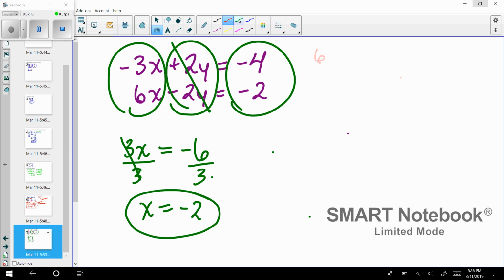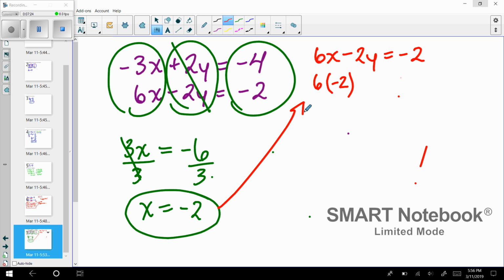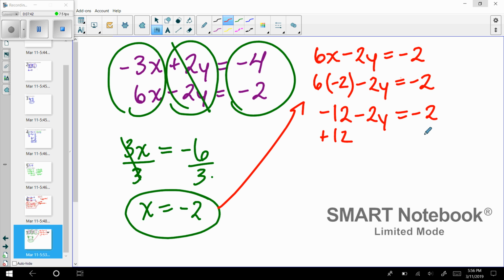6x minus 2y equals -2. Let's pick that one. So 6 times -2 minus 2y equals -2. 6 times -2 will get me -12 minus 2y equals -2. I need to get rid of this 12 so I can get y by itself.